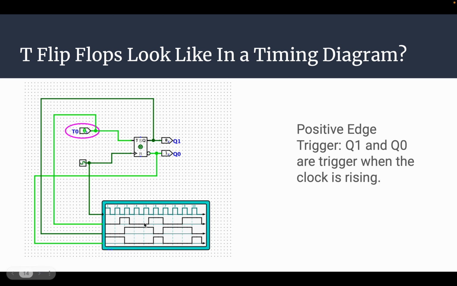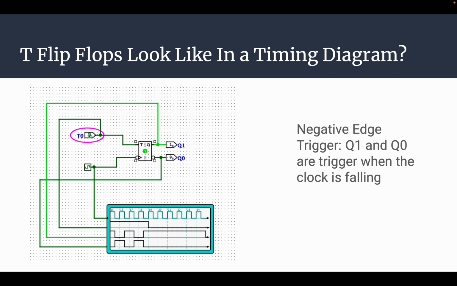Here is where you can see most of the differences between each of the flip-flops: the T flip-flops are going to be more delayed compared to the D flip-flops and the JK flip-flops. Q1 is reflecting, and Q0 reflects Q1 to show that it's the opposite, whenever it's rising. For the falling edge, it's also going to do the same thing.